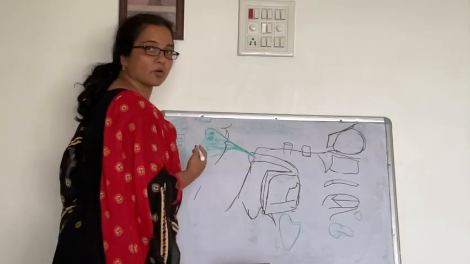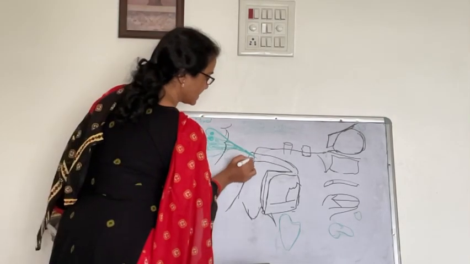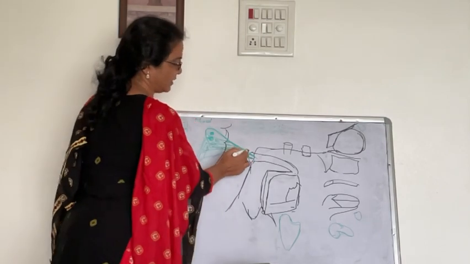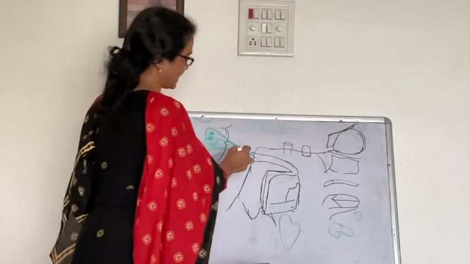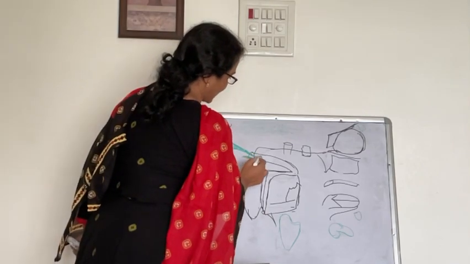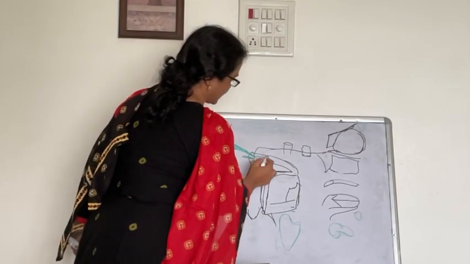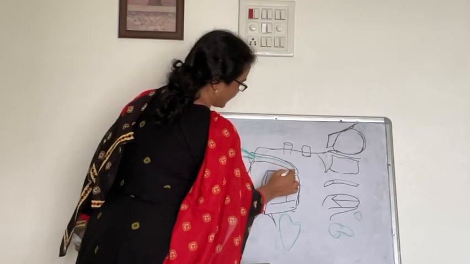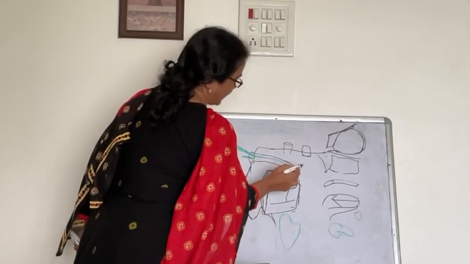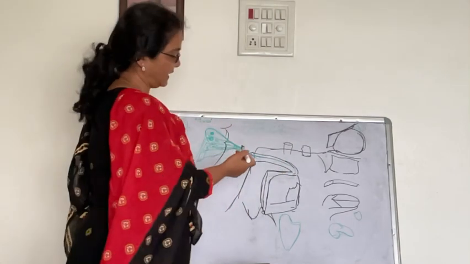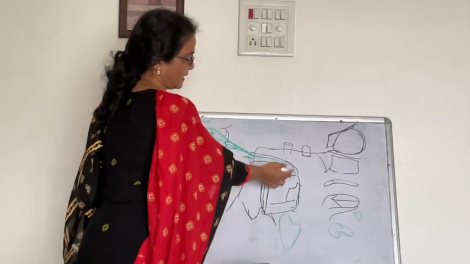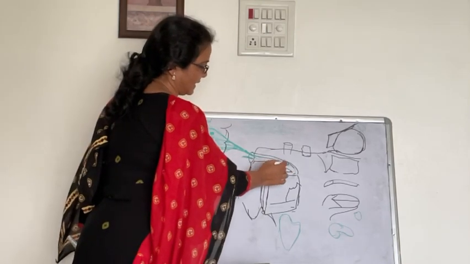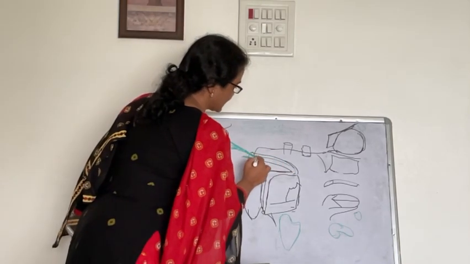In the internal acoustic meatus it enters with the 8th cranial nerve. So it passes along with the 8th cranial nerve into the internal acoustic meatus. Then it travels in a canal present in the petrous part of the temporal bone, and there is a bending of this canal and it enters the middle ear cavity at the anterior superior part of the medial wall of the middle ear, and it bends here.